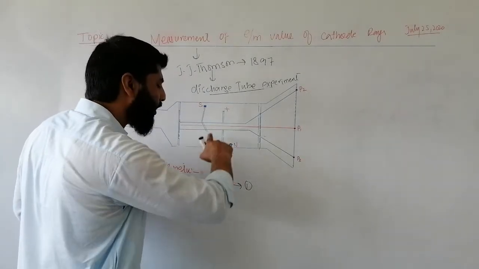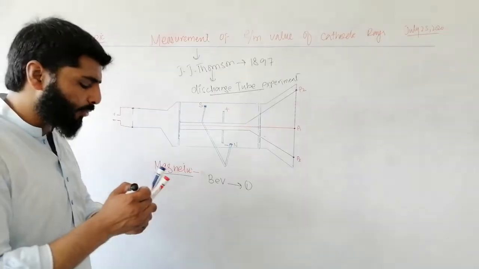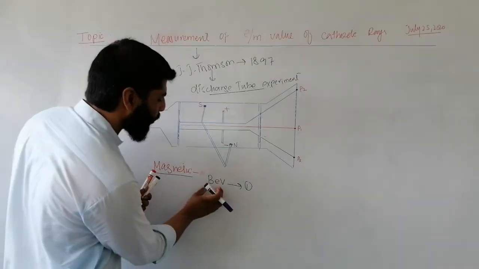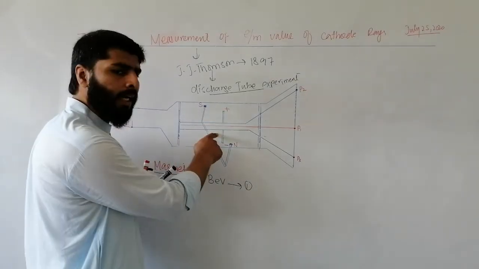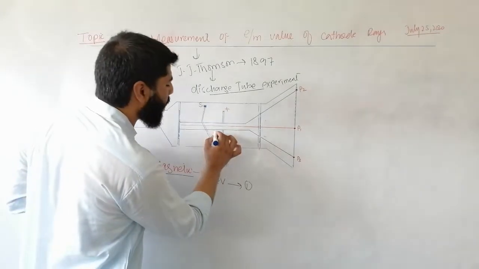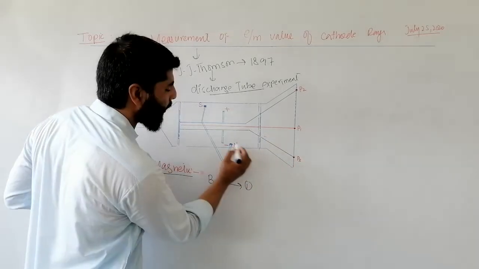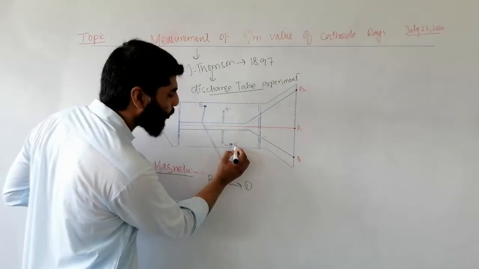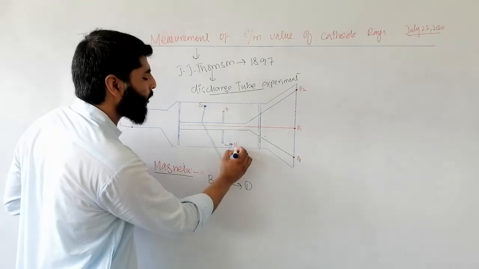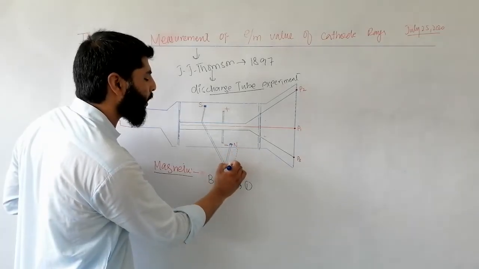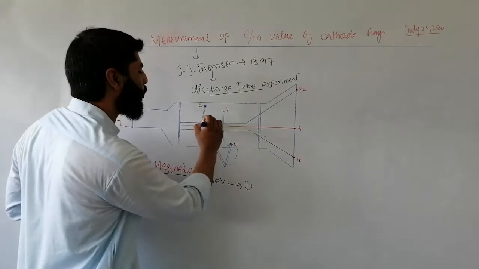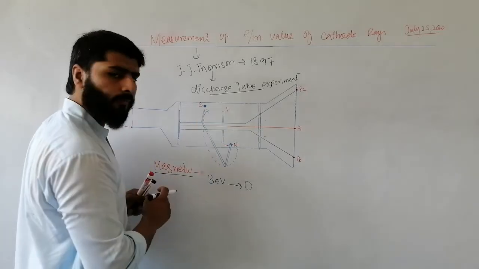Then, after the application of the magnetic field, when the cathode rays entered the magnetic field, they started to bend their path downward towards the north pole of the magnet and rotated in a circular path from north towards south.